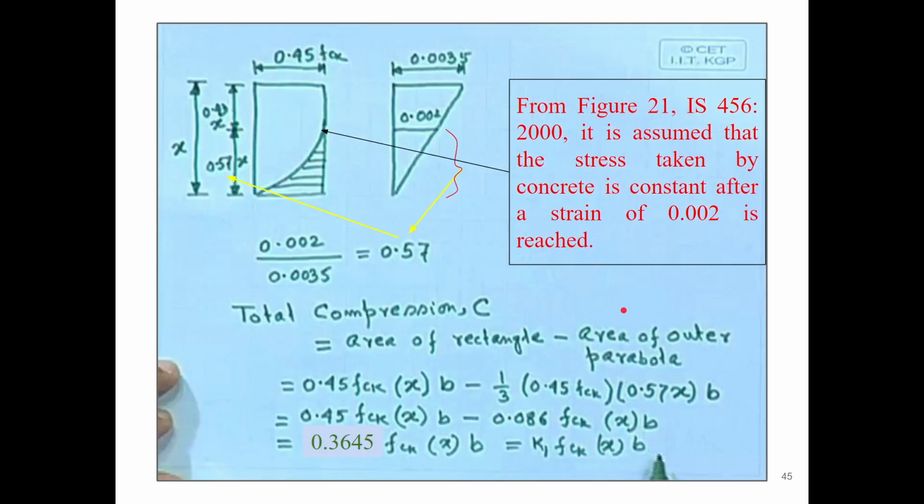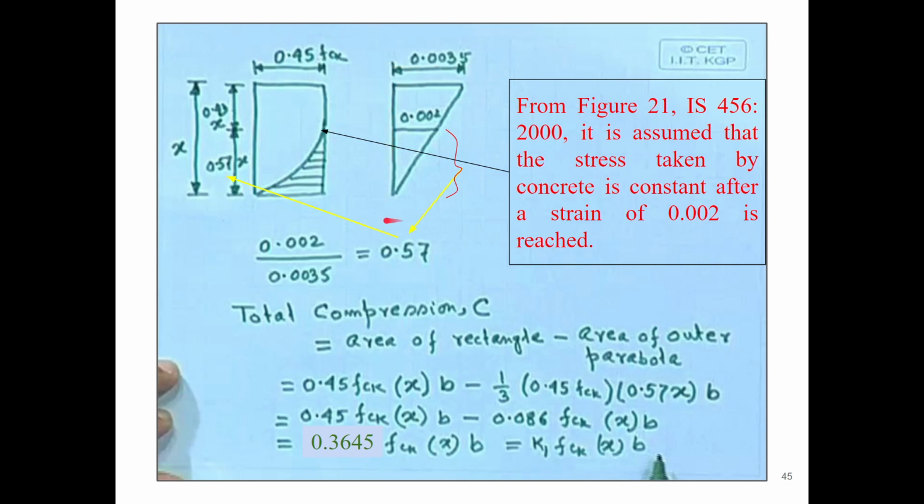Here is the case which I was talking about. Up till 0.002 the stress is increasing, and after that it becomes a straight line, so it has reached saturation. To find the value of x till where the stress is increasing before saturation occurs, we use similar triangles: 0.002 by y equals 0.0035 by x.